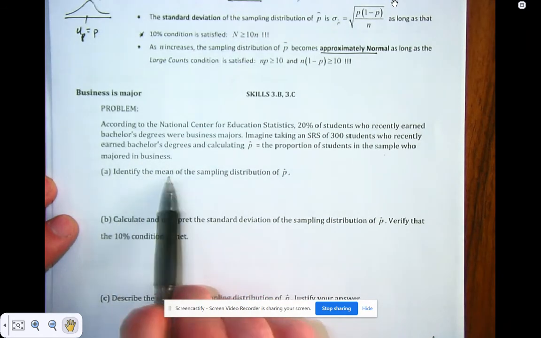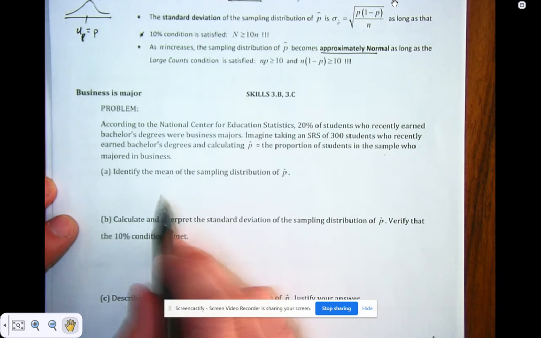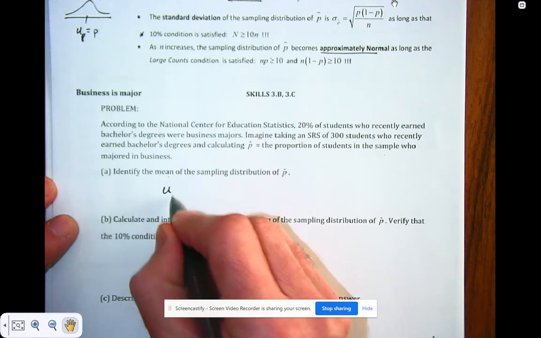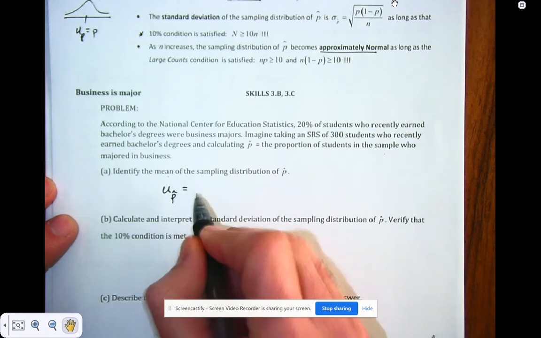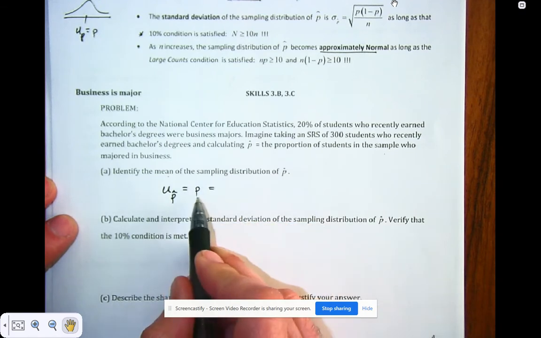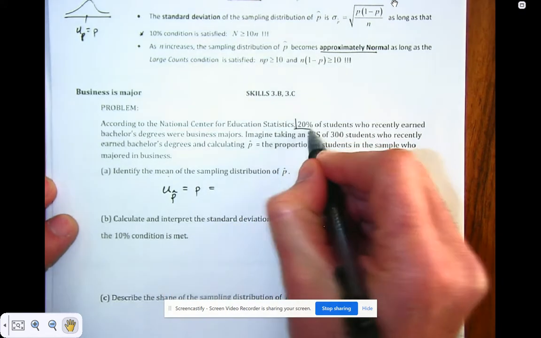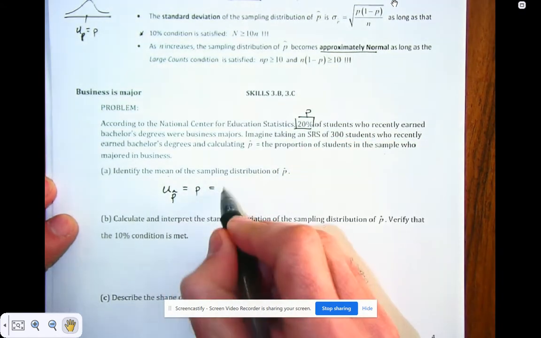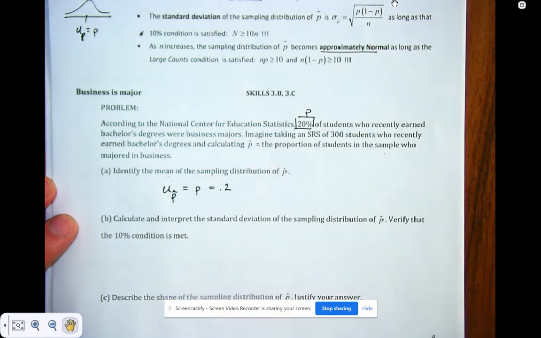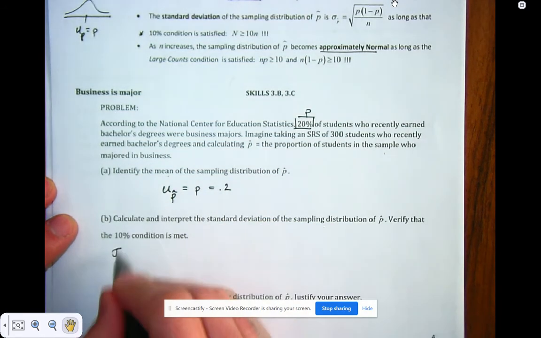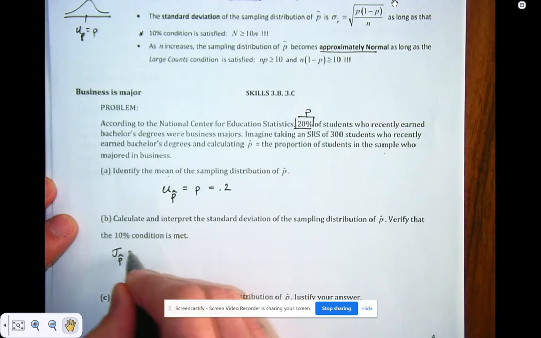Identify the mean of the sampling distribution. From right up above, the mean, which is mu, of this sampling distribution is just equal to p, the population proportion, which they gave us from the beginning. So it's 0.2.